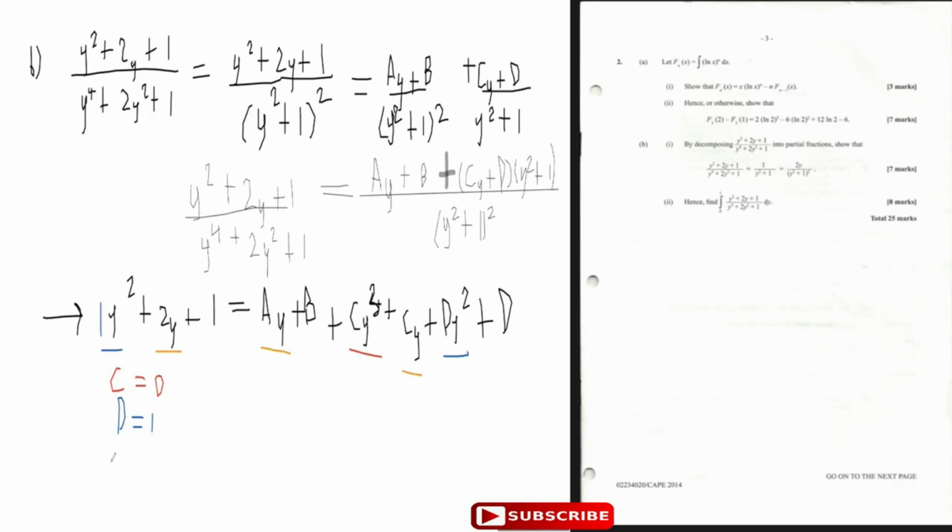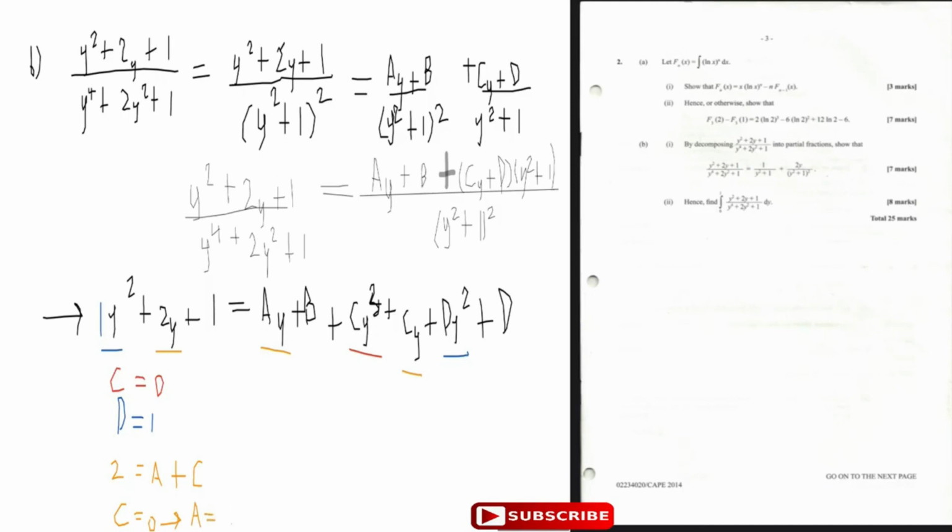So what that is telling us is that 2 is equal to a plus c. But c is 0. Remember, c is 0. And so since c is equal to 0, it tells us that a must be 2. A equals 2. Nice.